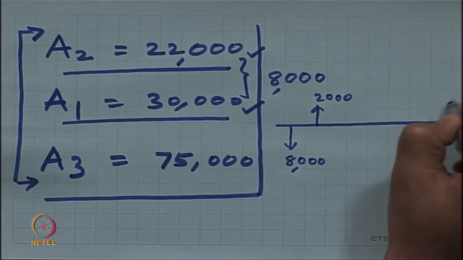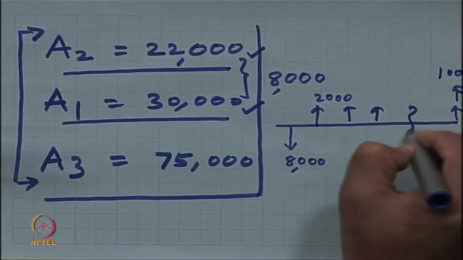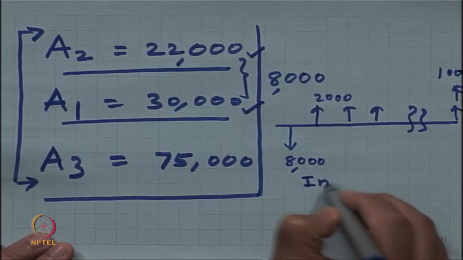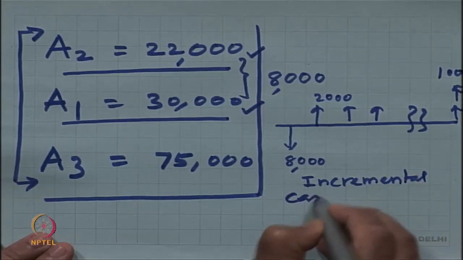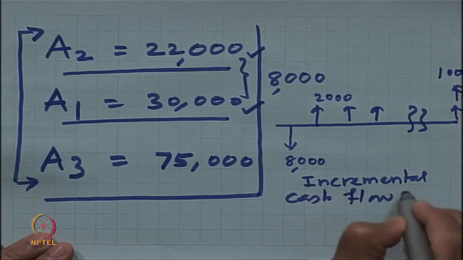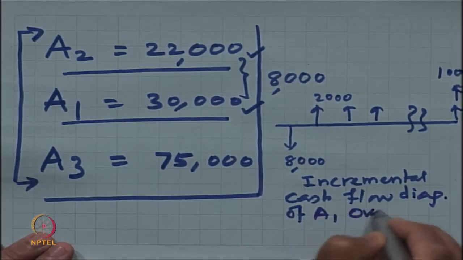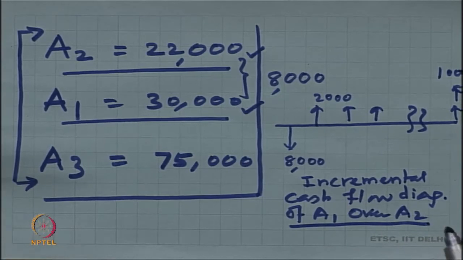So, we are getting this as 1,000. So, this is the cash flow diagram, and we call this the incremental cash flow diagram of A1 over A2.